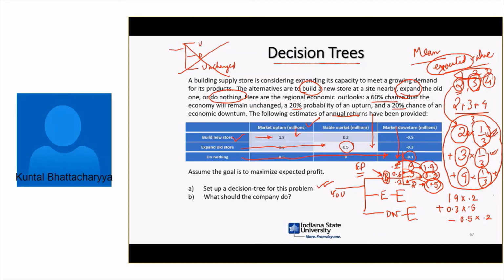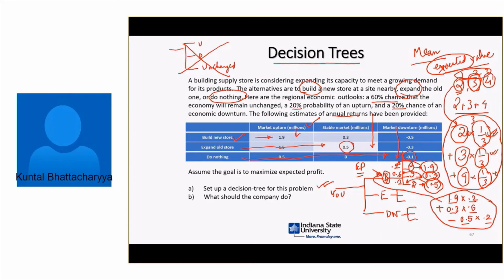Same idea. Magnitude, likelihood. Value, probability. You take that sum product and that becomes your expected value if you want to build a new store.